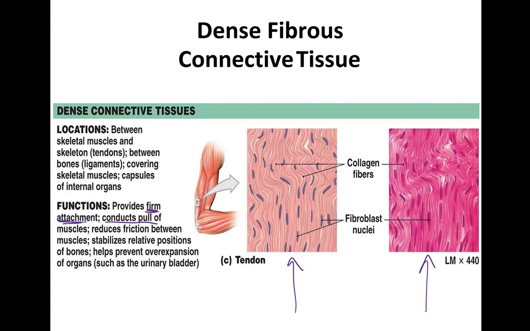It conducts the pull of muscles, meaning it makes up the structures that anchor muscles to bone, structures we call tendons. All right? So this is the connective tissue between muscle and bone. It's also the connective tissue found between bone and bone, so connecting bones to each other. These are called ligaments. You find this covering skeletal muscles as well and forming the capsules of internal organs, which provide protection for the organ.